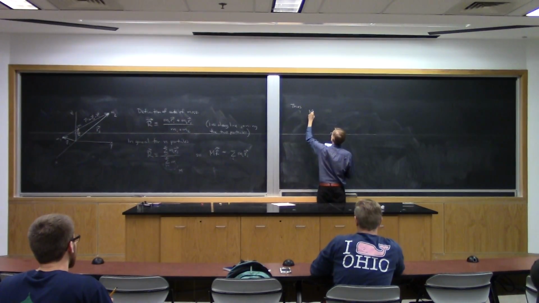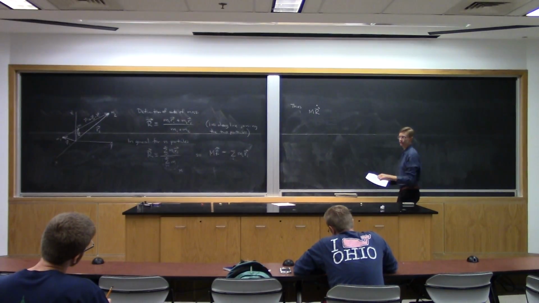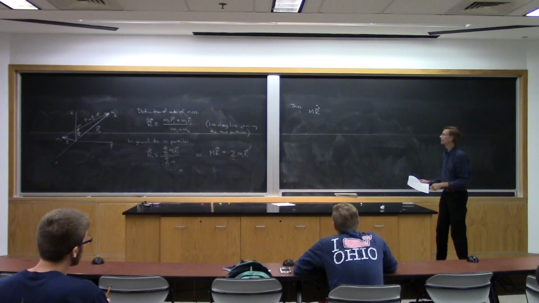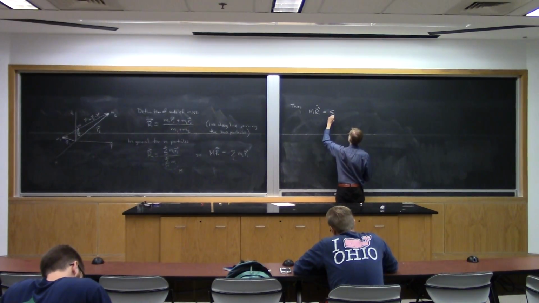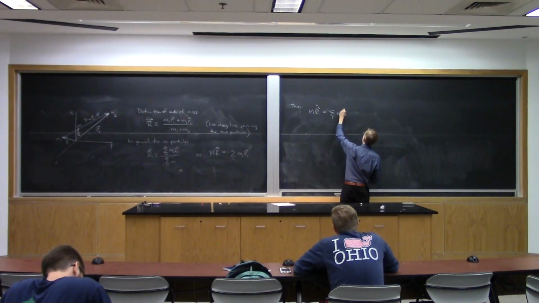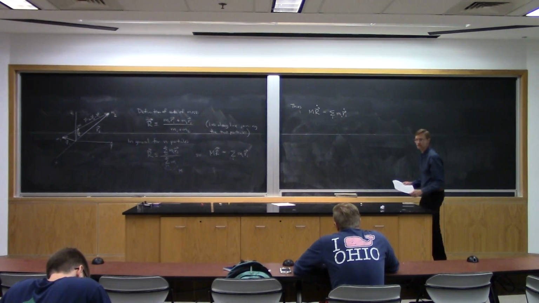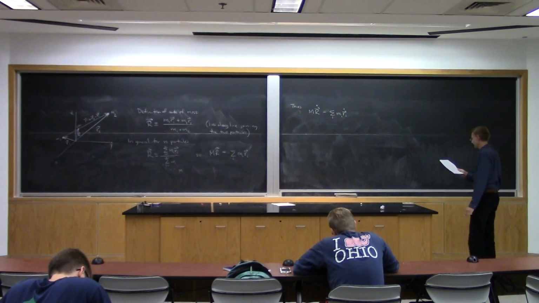Thus, M r dot, which of course has 3 components because it's a vector, will be the sum of the m_i r_i dot. We're assuming the masses themselves stay the same. These are particles that are not shedding or gaining mass.